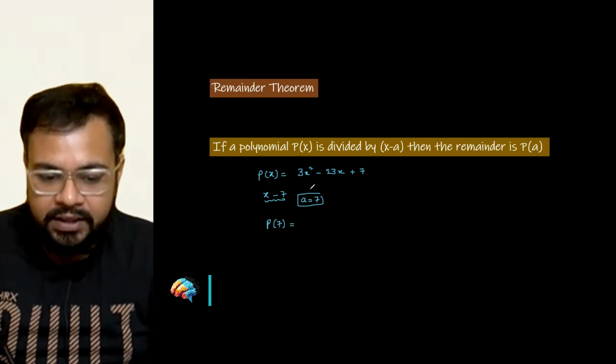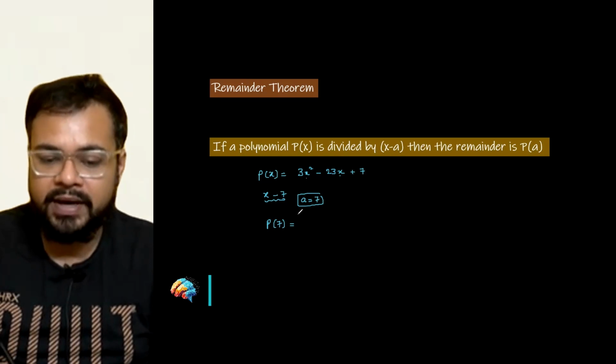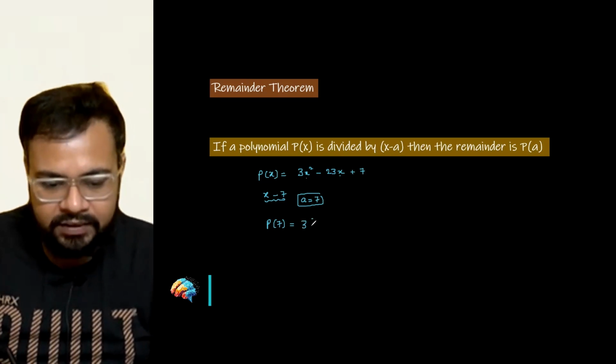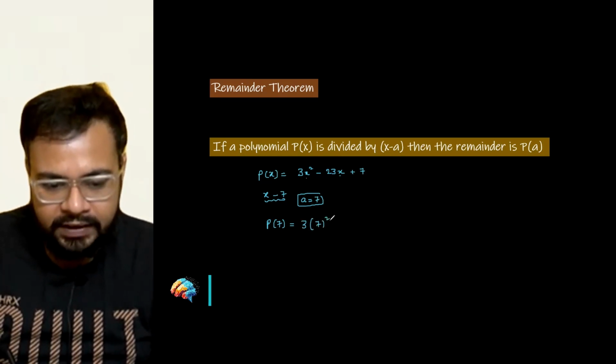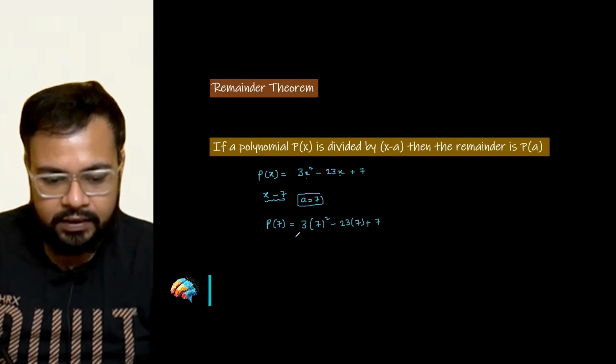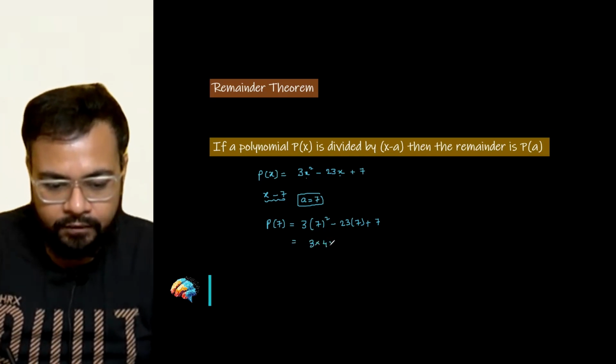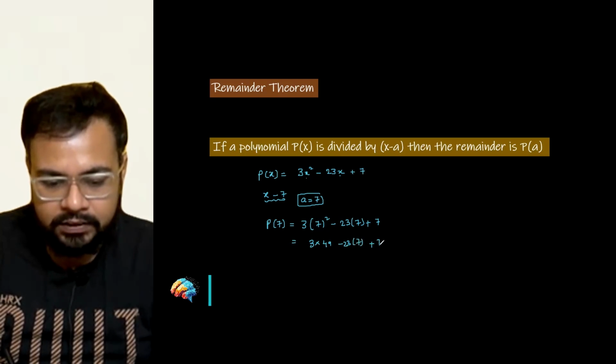I will substitute my value 7 in this polynomial in place of x. So it will become 3 into 7 square minus 23 into 7 plus 7. That is 3 into 49 minus 23 into 7 plus 7.